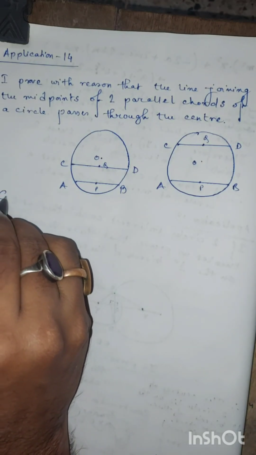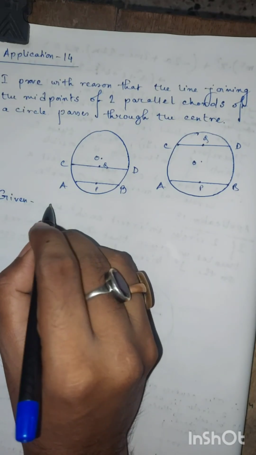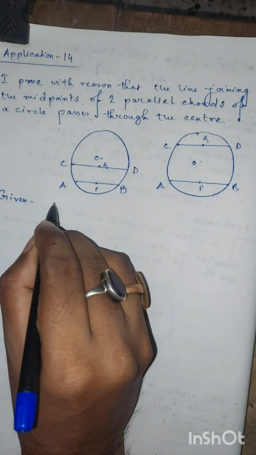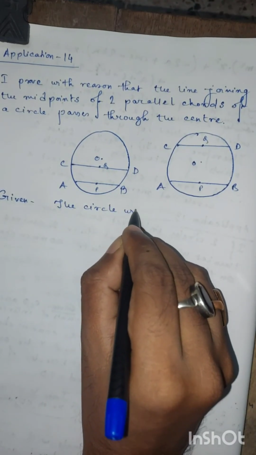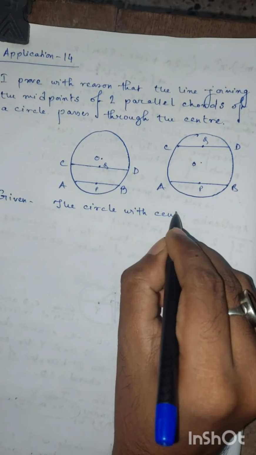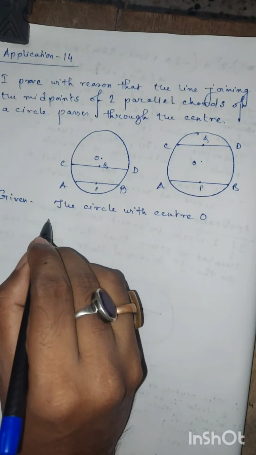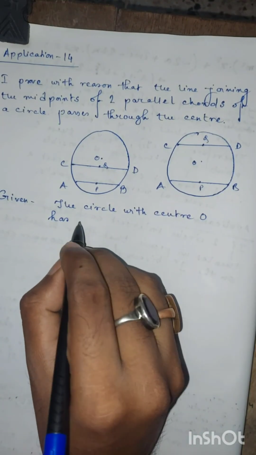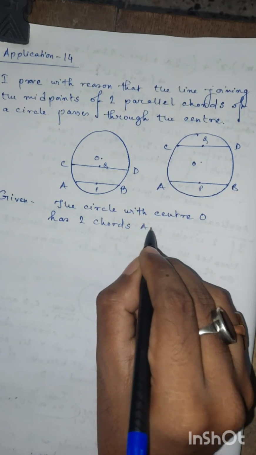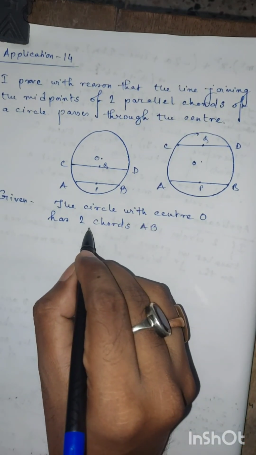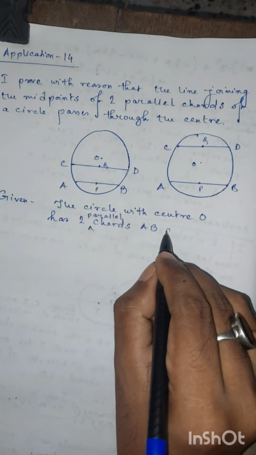So given, the circle has two parallel chords AB and CD.